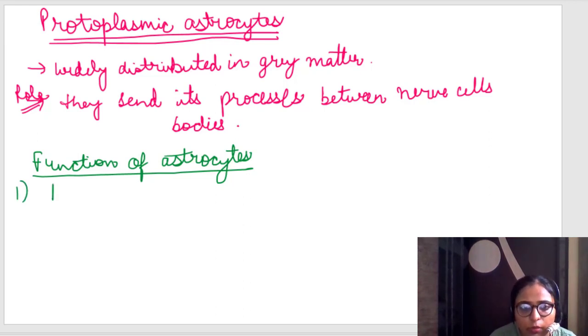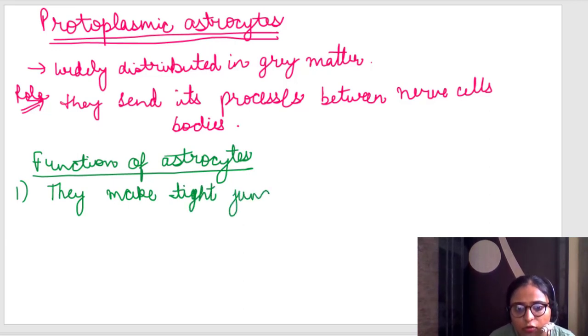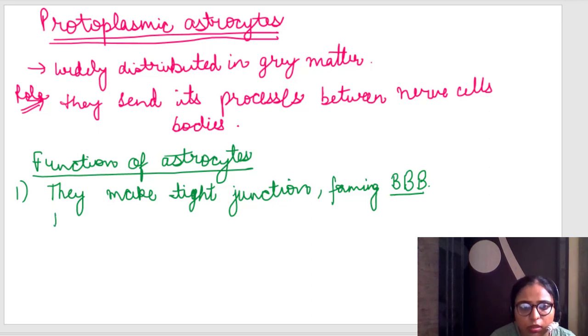What they do, they make the tight junction. You know the tight junction where I am talking about, tight junction. So they make the tight junction forming the blood brain barrier. I'll write BBB, that means your blood brain barrier, right? So forming the blood brain barrier, thereby, what is the function of the blood brain barrier?